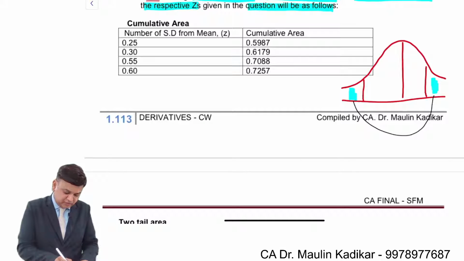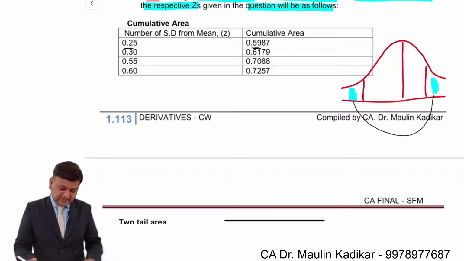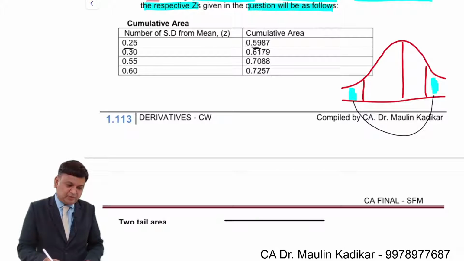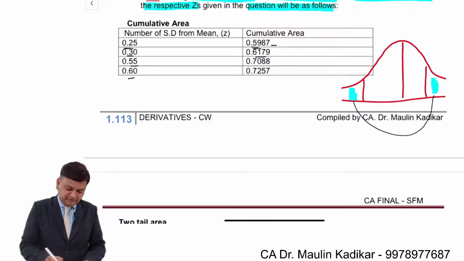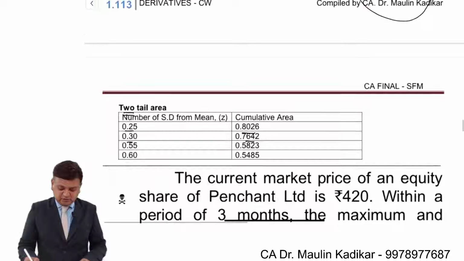So for 0.25, it is 0.5987. So you can see that you have been provided for 0.25, 0.5987, for 0.30, 0.6379 and so on. For 0.55 and 0.60, this is what we understand. Two tail area 0.8026, 0.7642 and so on values are there.